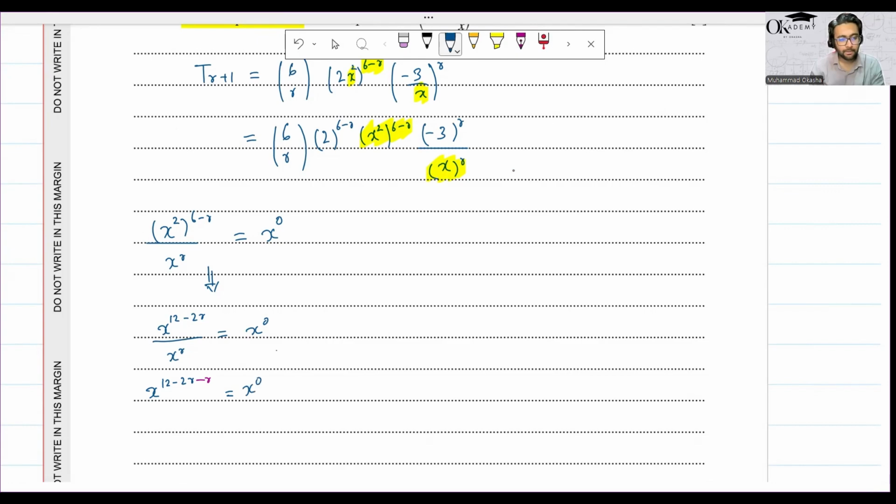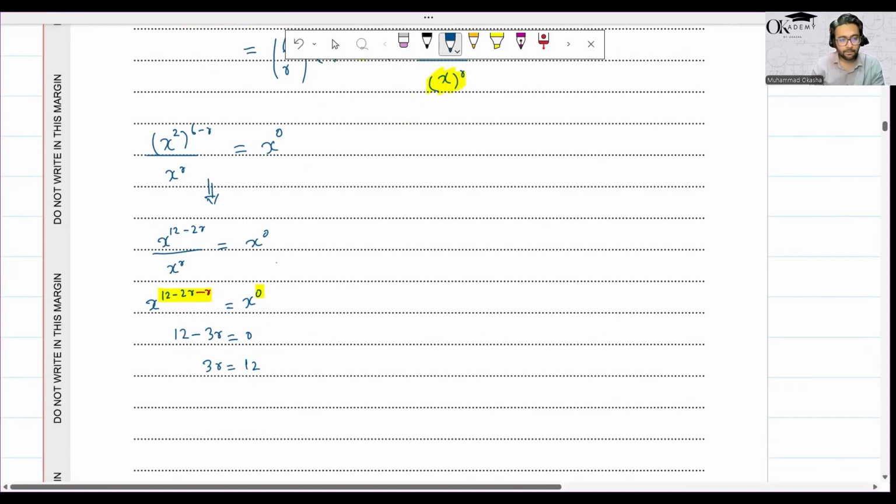Let's solve it. If powers are the same, I can equate the exponents, which means this entire thing should be equal to 0. And that's going to give me the value of r. 12 minus 2r minus r is going to be 12 minus 3r equals 0. 3r equals 12. And that's going to give me the value of r, 12 over 3, which is 4. I got r is 4.